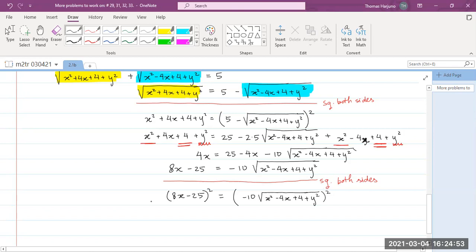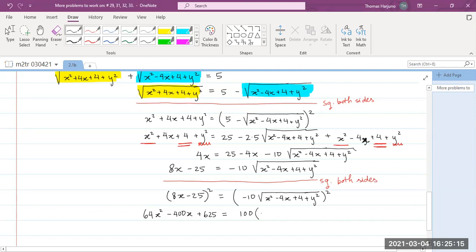Almost done, almost done. Now on the left hand side we get 64x squared minus 400x plus 625 equals to negative 10 being squared is 100.